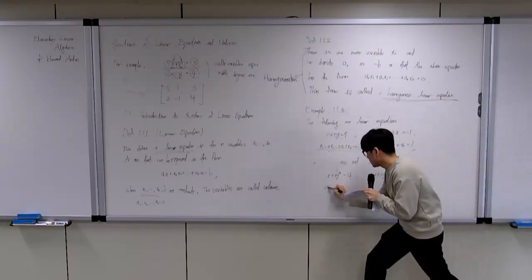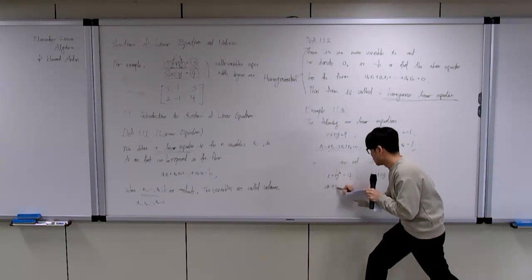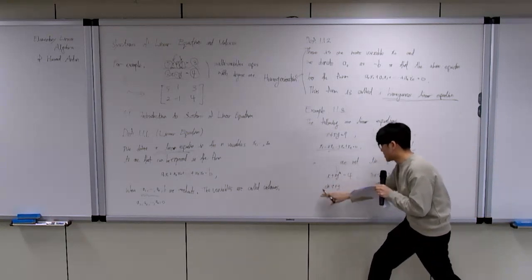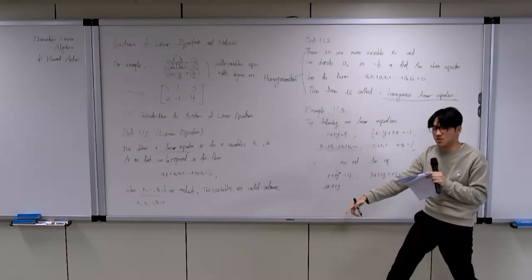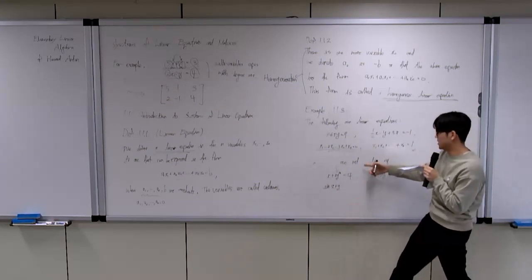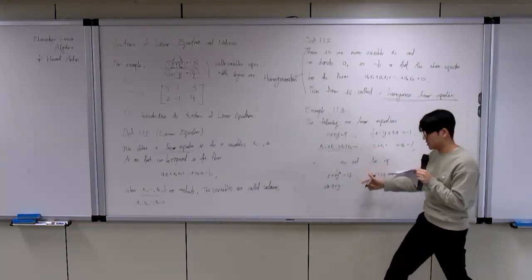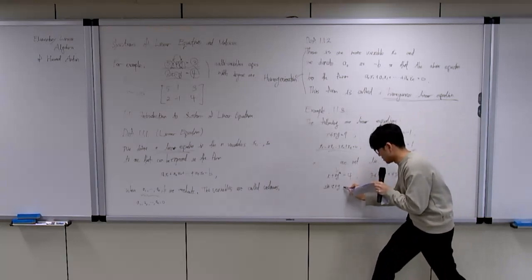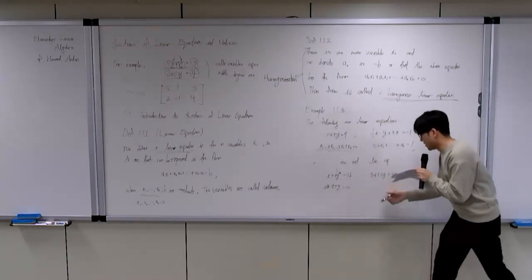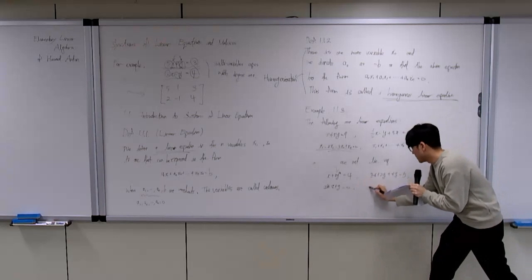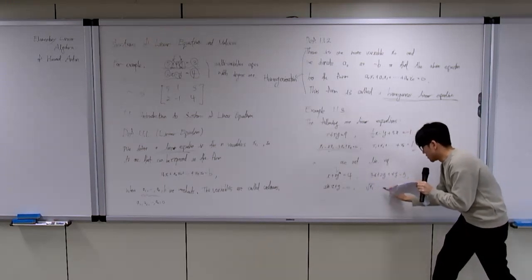And a transcendental function also cannot be written in this form, so it is also not a linear equation, and square root is also not a linear equation.